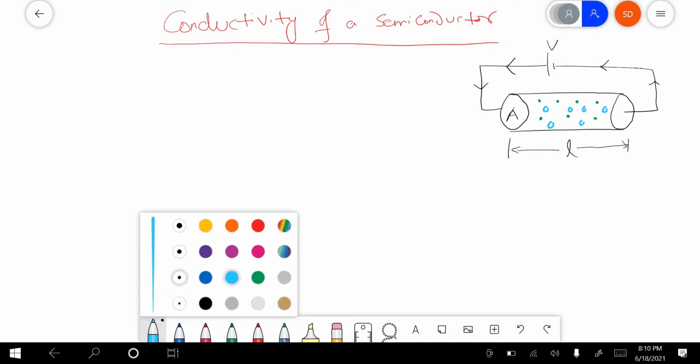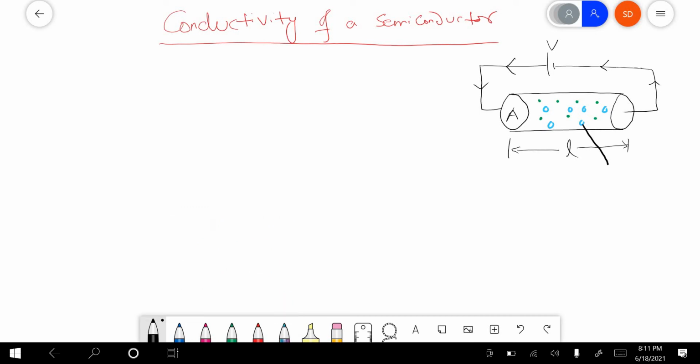So here this represents holes and this represents electrons. So here the conductivity will be contributed by both electrons and holes.